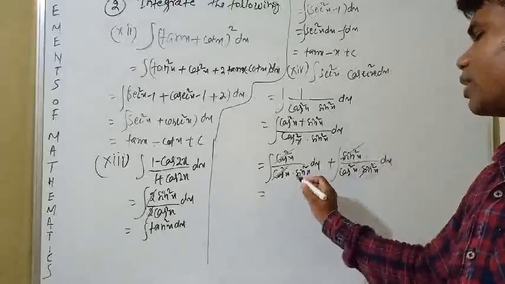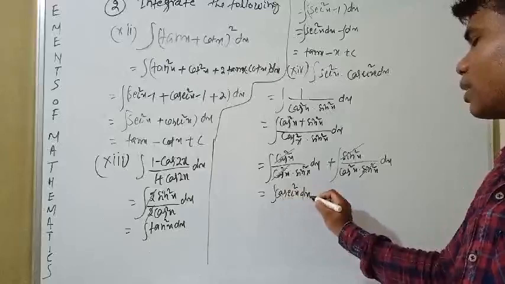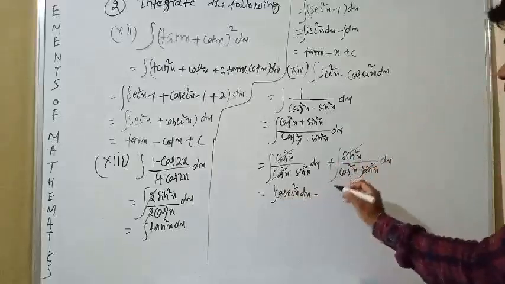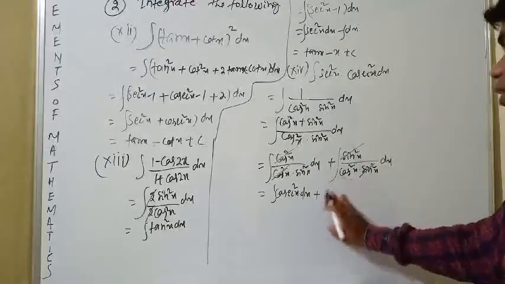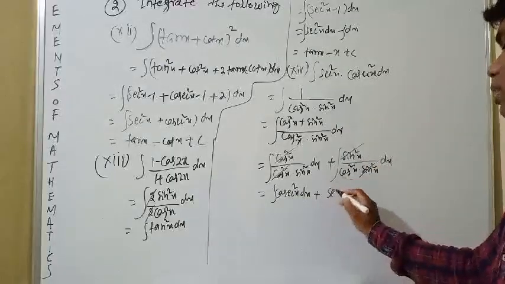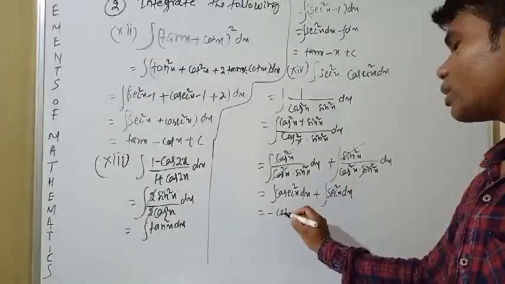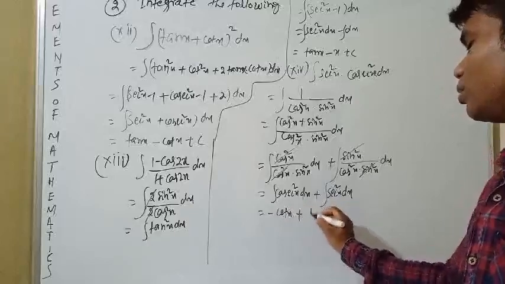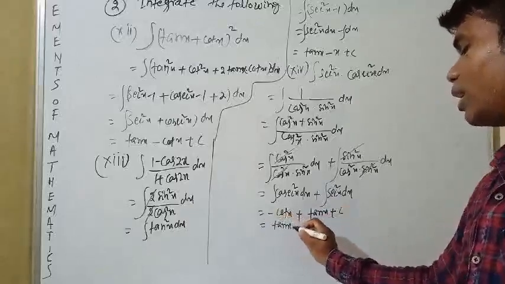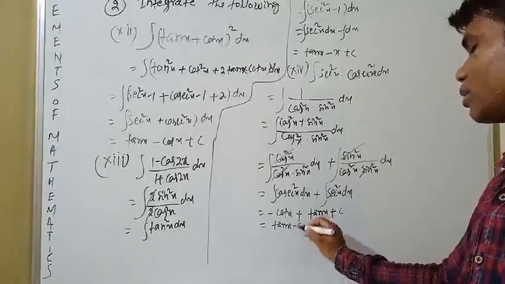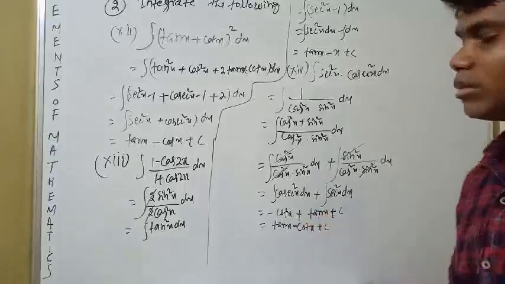This is equal to 1 by sin²x, that is cosec²x dx, minus, this is 1 by cos²x, that is sec²x dx. Okay, this is equal to minus cot x, this is equal to tan x plus c, is equal to tan x minus cot x plus c. Pause the video, note it down.